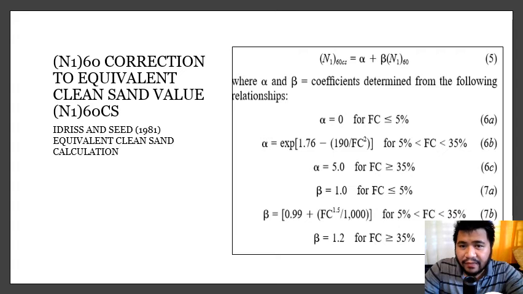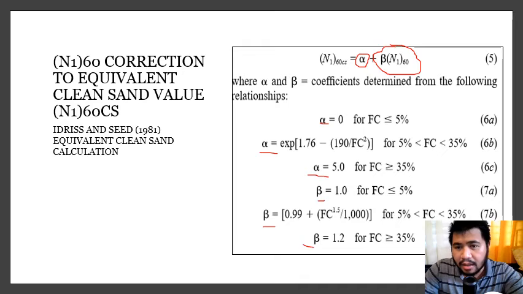Basically, you have to add your alpha coefficient to the quantity of your beta multiplied by your N160. And you can see here that the values of alpha and beta will depend on the amount of fines that you have in the soil.